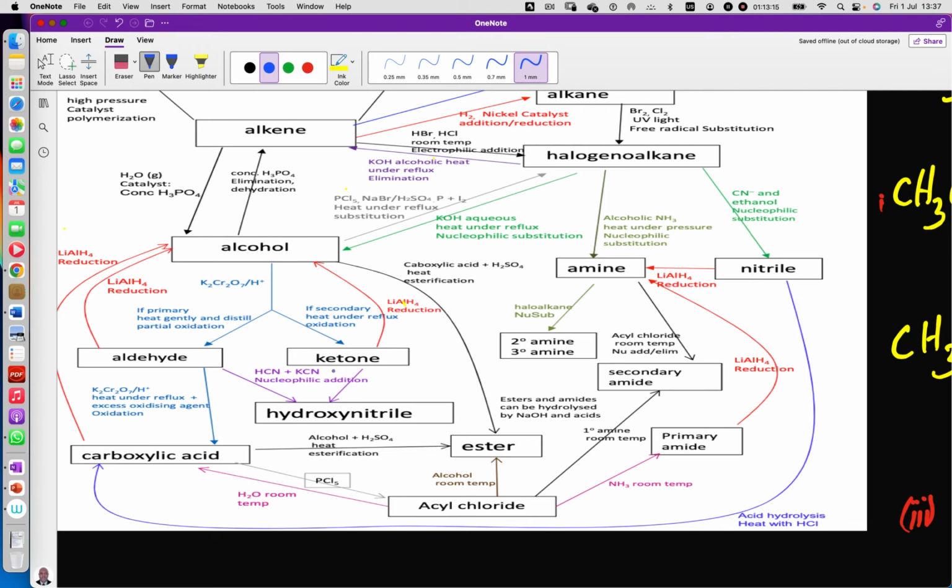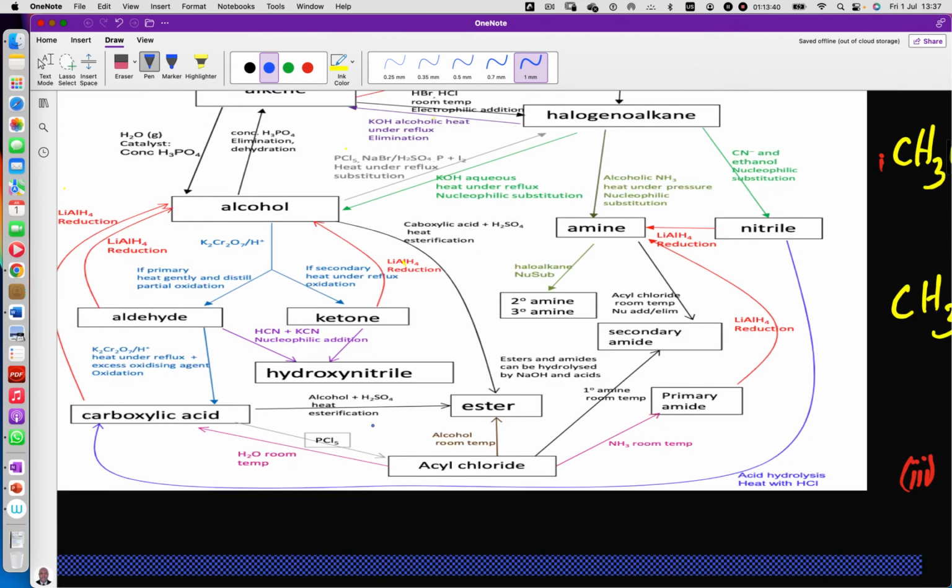Now, again, aldehydes can react with hydrogen cyanide. Aldehyde can react with hydrogen cyanide to form hydroxyl nitrile. Ketone can also react with hydrogen cyanide to form hydroxyl nitrile.